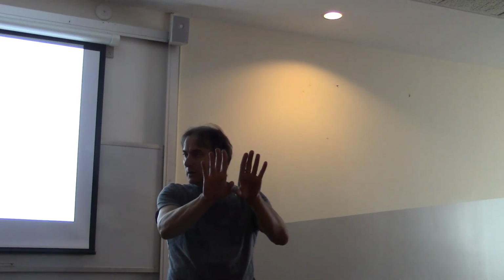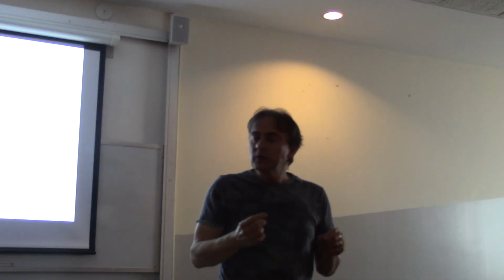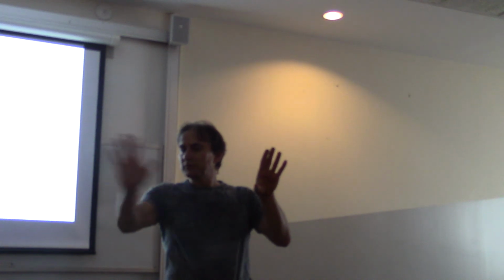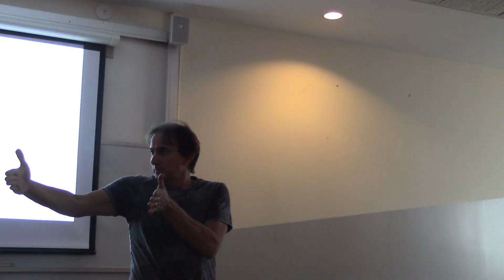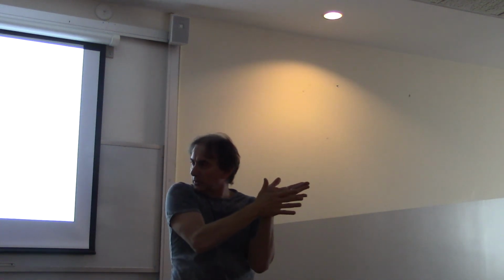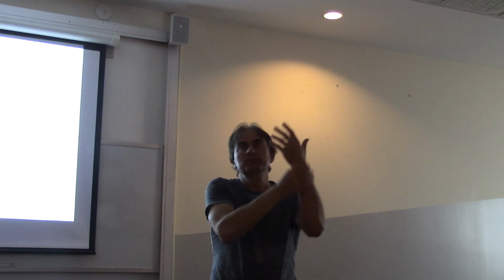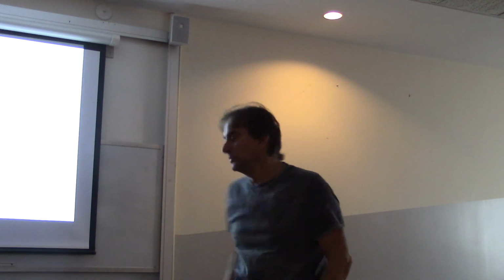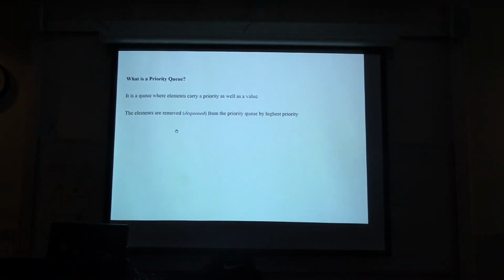And if a number 2 comes in, it'll bump 5 but not 1, and then it'll come out in the order of 1, 2, 5. Get the idea? So if we have, for example, 1, 2, 5 in the queue and all of a sudden we get 5, 5, 5, 5, 5, 5, 5, those 5s are just going to line up behind the 5, and the 1 and the 2 will still come out first. So you get enqueued next to the elements that have the same priority as you. It's not about people, it's priority. Okay, so that's a priority queue.